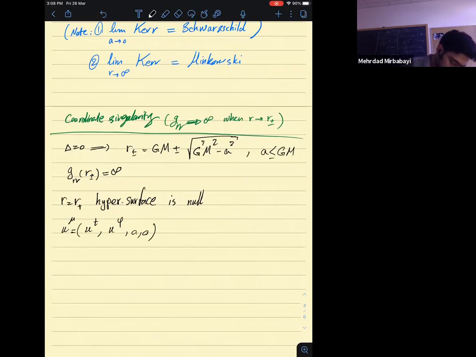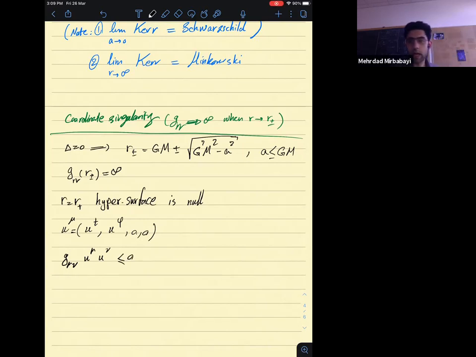So we want to see if there is such a causal curve. What does it mean to have a causal curve with this 4-velocity? It means that g_μν u^μ u^ν has to be less than or equal to 0.